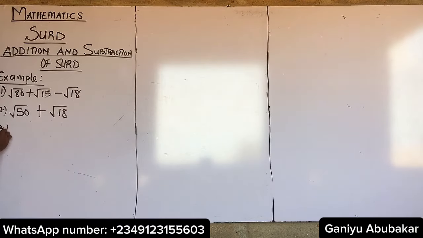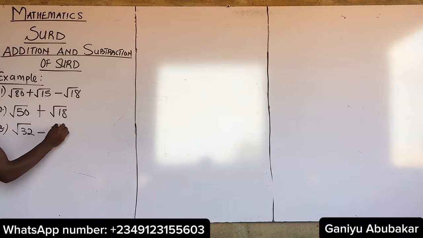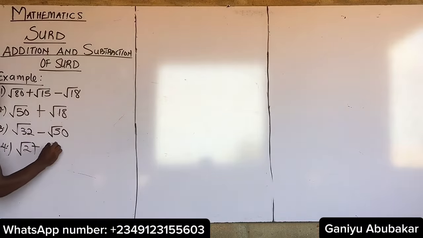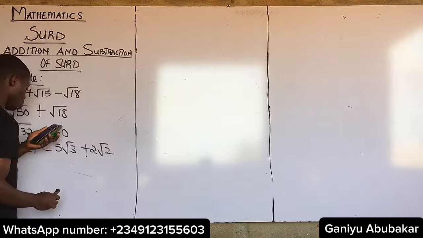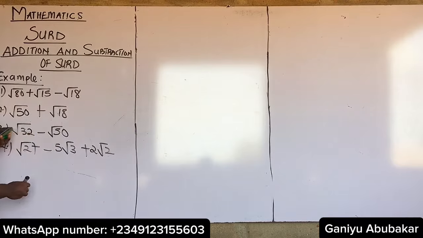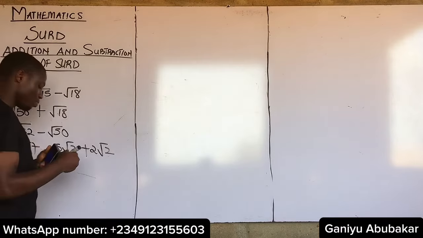Number 3, I have root 32 minus root 50. Number 4, I have root 27 minus 5 root 3 plus 2 root 2. All right, let's get this done.